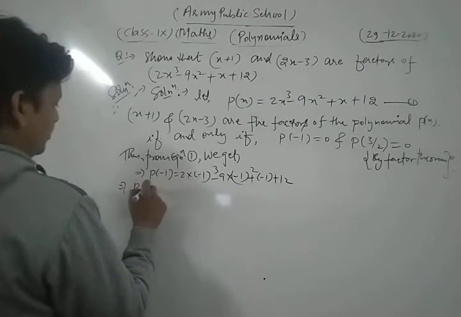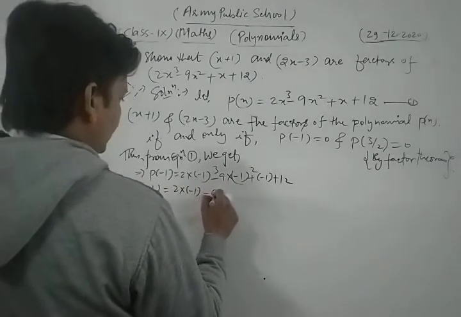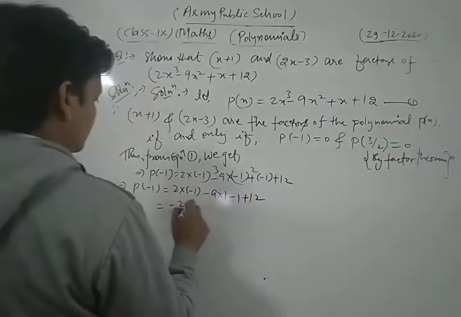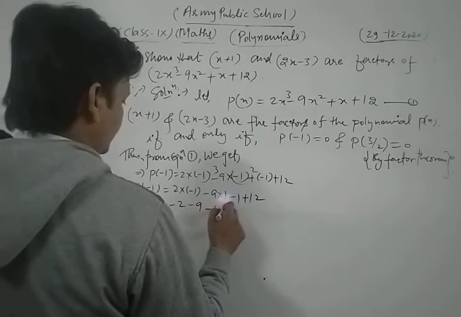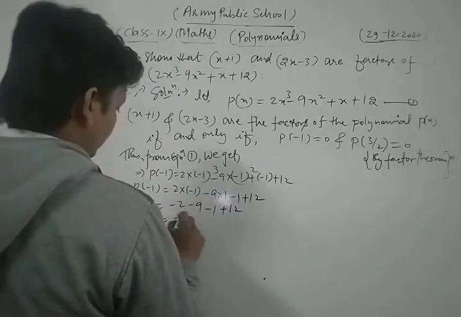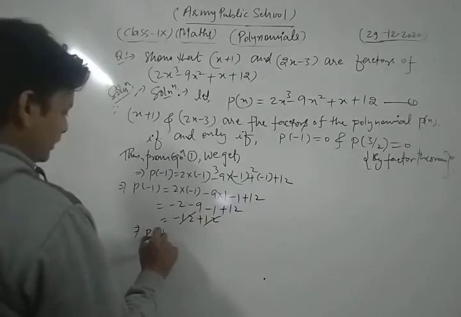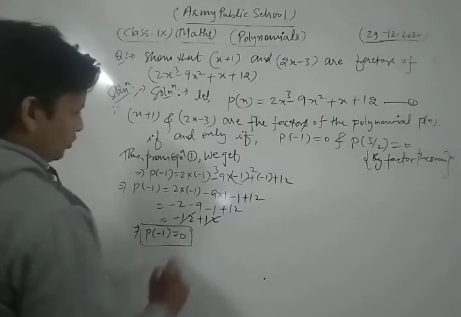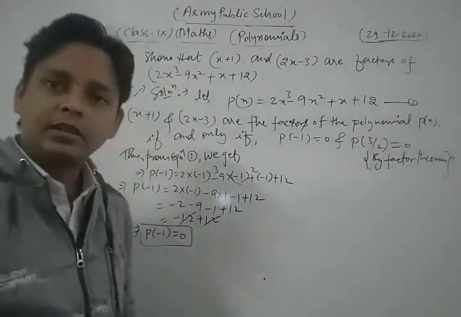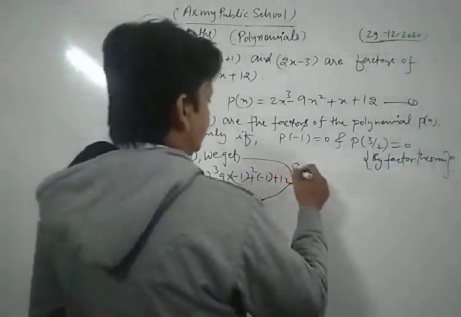So we get p(−1) = −2 − 9 − 1 + 12, and these cancel each other. So we get p(−1) is equal to 0. So in this way we find that p(−1) is equal to 0. Similarly, let's see.